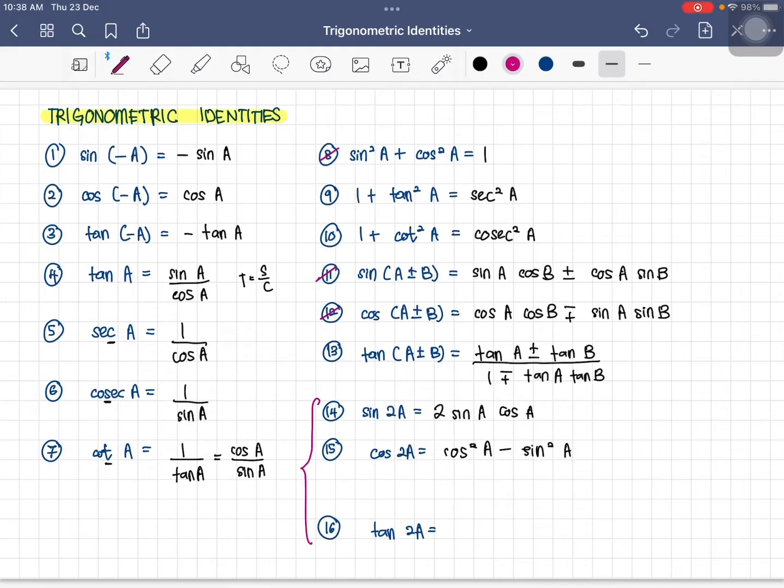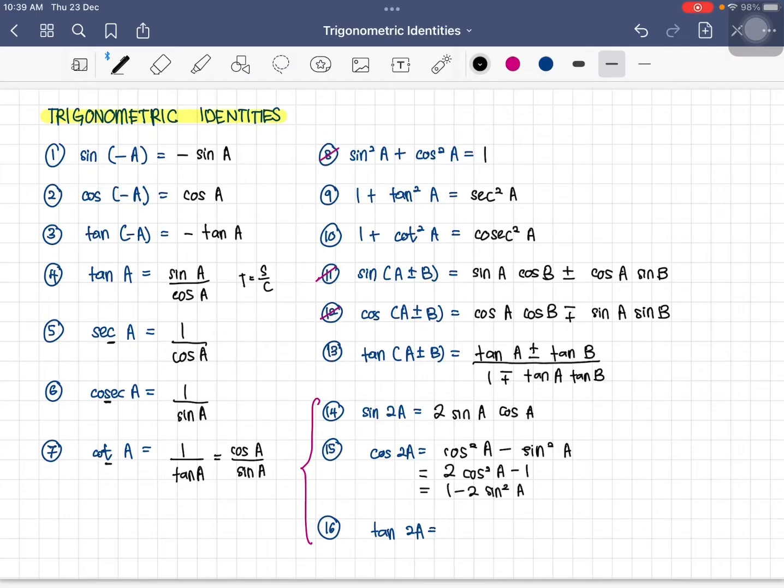All right, now if we try to put identity number 8 inside this formula, we get 2 cos square of a minus 1, or 1 minus 2 sine square of a.